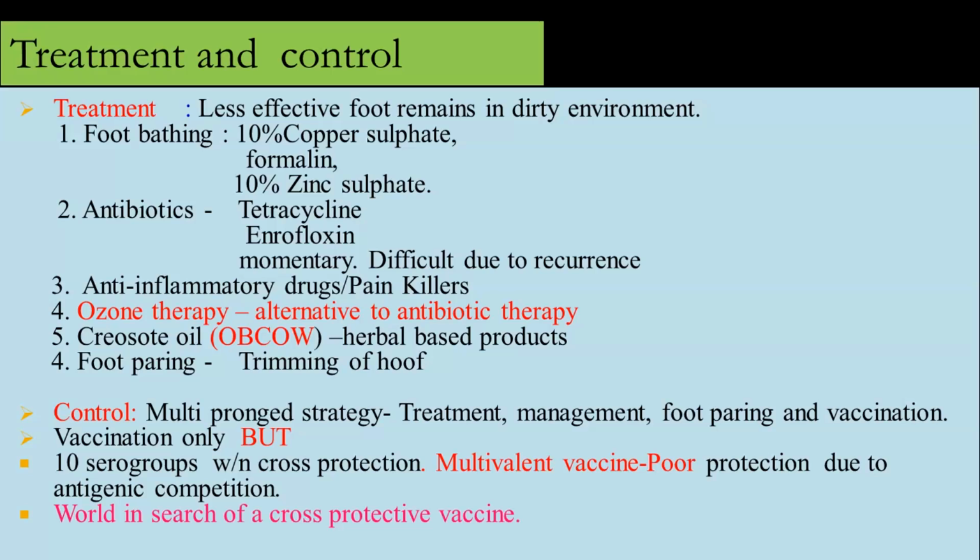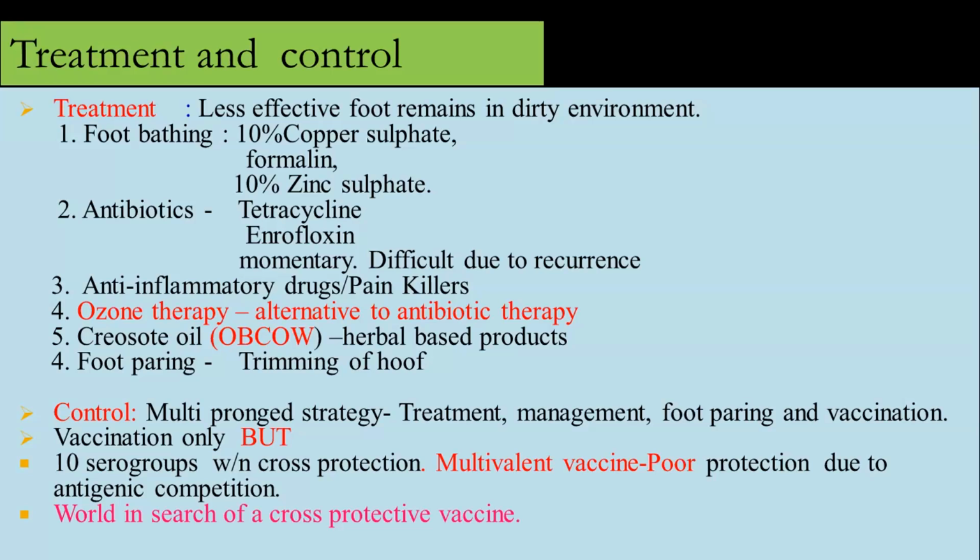So the world is in search of a cross-protective vaccine. What the researchers are doing is trying to identify a particular antigen that is common across all 10 serogroups. If that is identified, it will protect animals across serogroups.